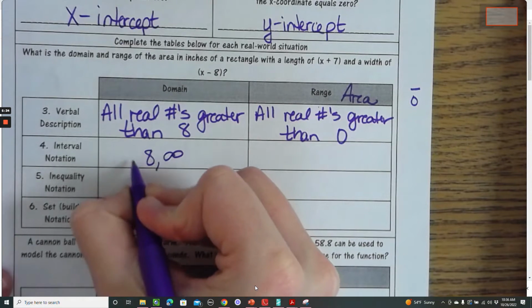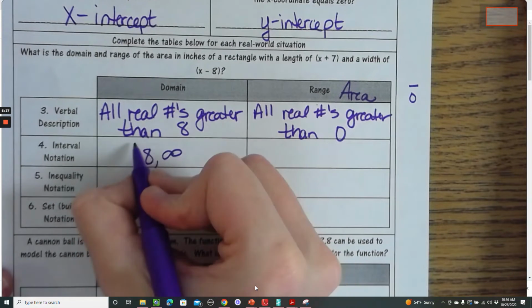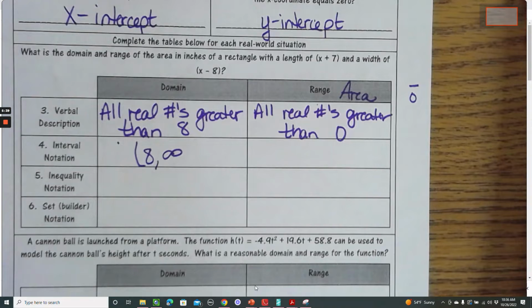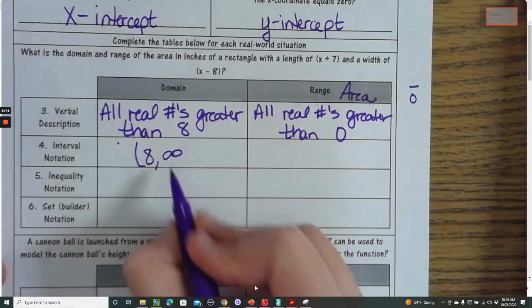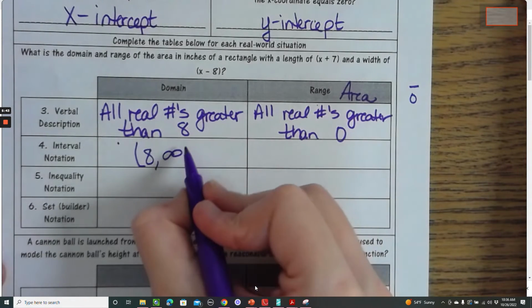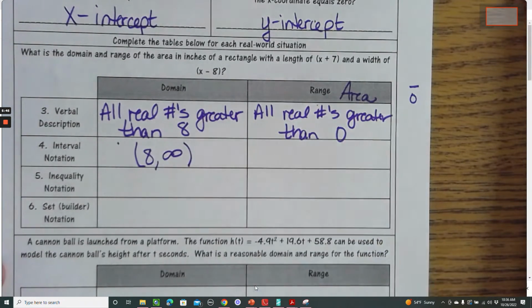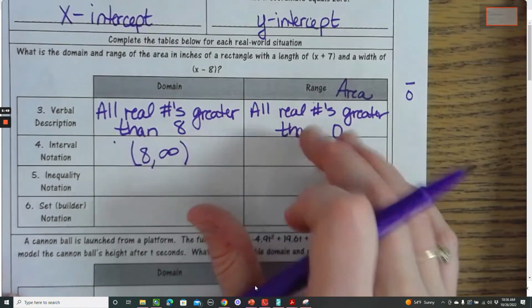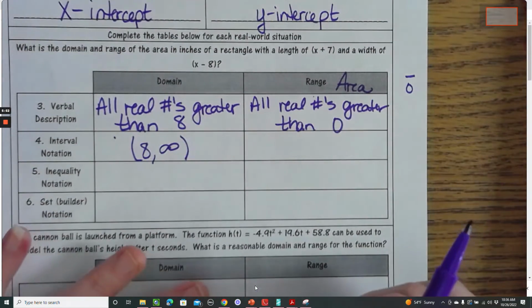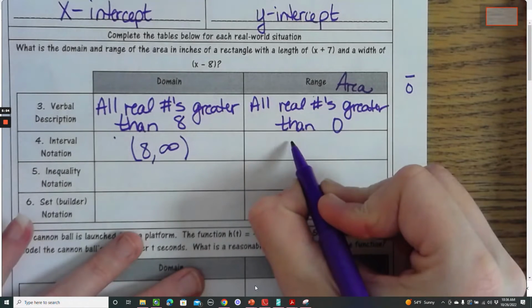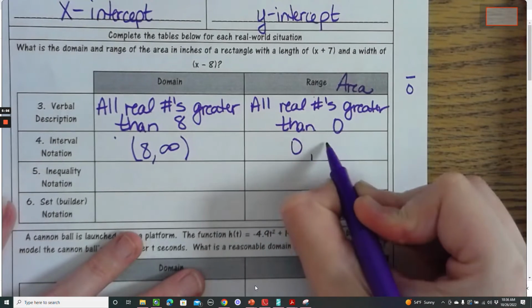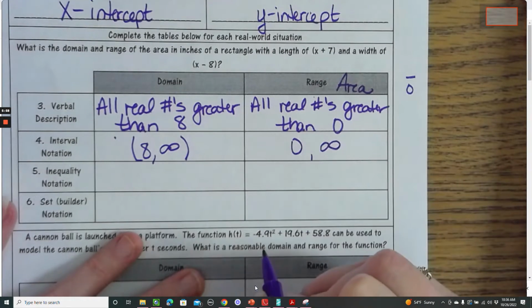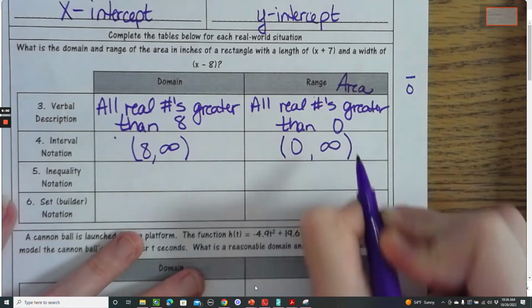Does the 8 get a parenthesis or a bracket? Parenthesis, because it's greater than, not or equal to. What about infinity? Always parenthesis. In interval notation, how do I write all real numbers greater than 0? Start at 0, go all the way to infinity. Both are parentheses.